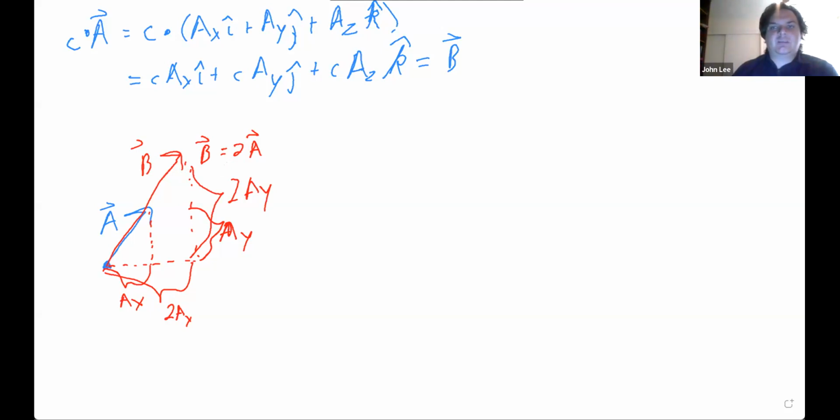So as our final note for two-dimensional vectors, we are going to talk about adding and subtracting.